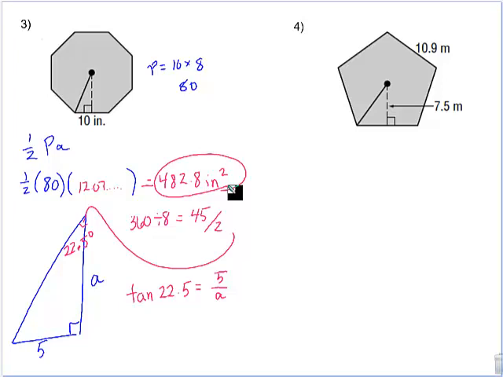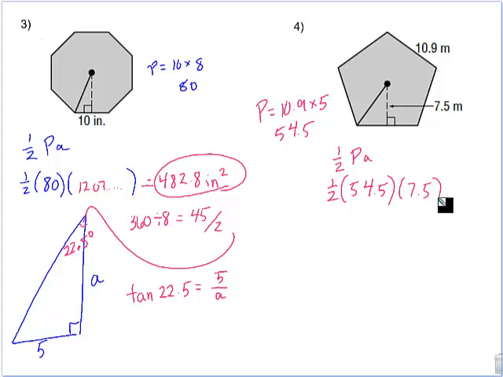So this is a pentagon. So 1/2 perimeter times apothem. How are we going to get the perimeter for this one? Multiply by 5. Yep, 10.9 times 5 is 54.5. So we'll take 1/2 perimeter of 54.5, and what's the apothem? 7.5.